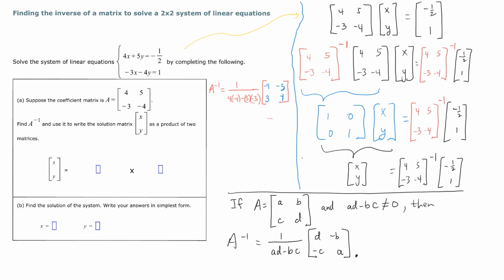Now, that coefficient is actually negative 1. Let's absorb the negative 1 in to get our inverse of A. If you absorb the negative 1 in, we simply get our inverse to be 4, 5, negative 3, negative 4.